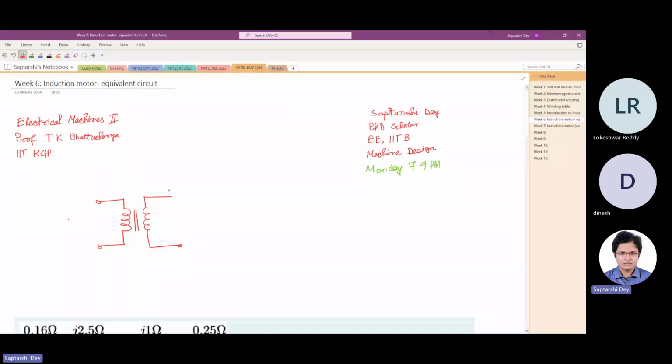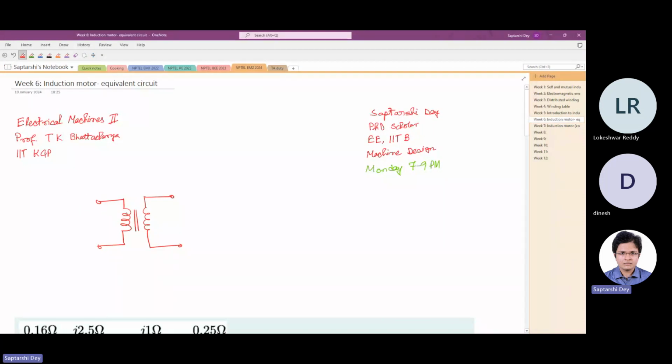So induction motor is nothing but a transformer by principle. But there is something that is vastly different between a transformer and an induction motor. The first thing that is coming to your mind might be transformer does not rotate, but induction motor rotates. Yes, that is true. But there is a result or outcome of that phenomena.